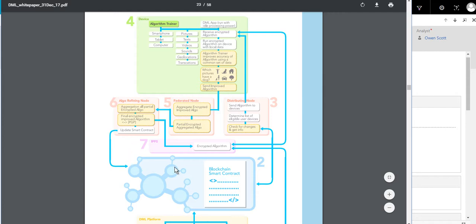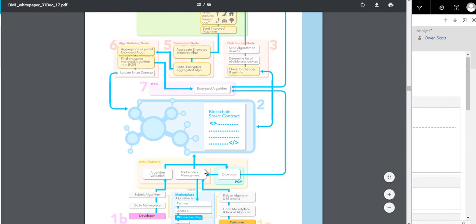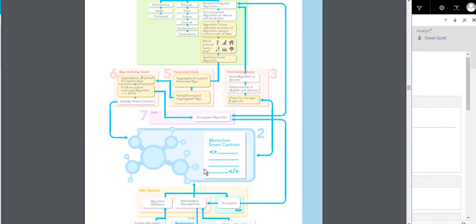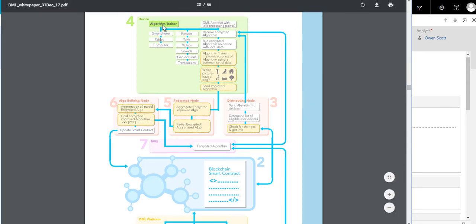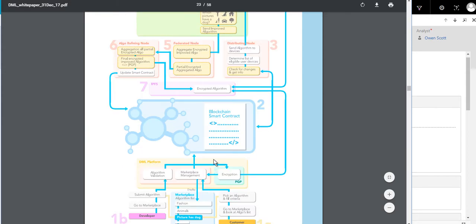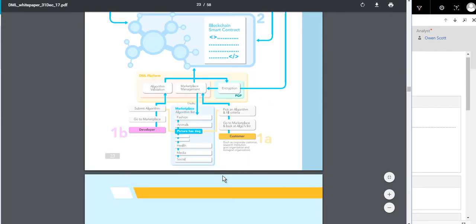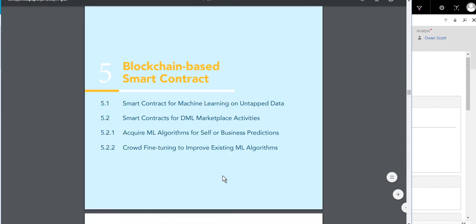And then, of course, what they don't have here is, okay, do they? I guess they don't. So what they should have is basically payment going from the smart contract back over to reward this person over here who is the device owner. Okay, so that's basically the way it's supposed to work. It's pretty cool. All right, it's the Dml platform.